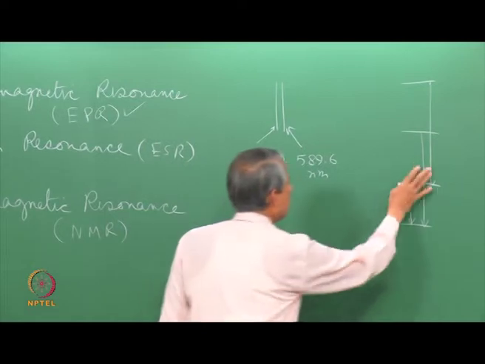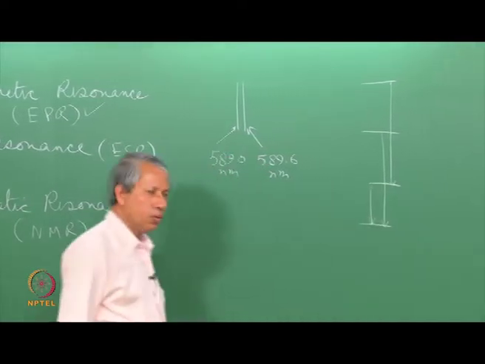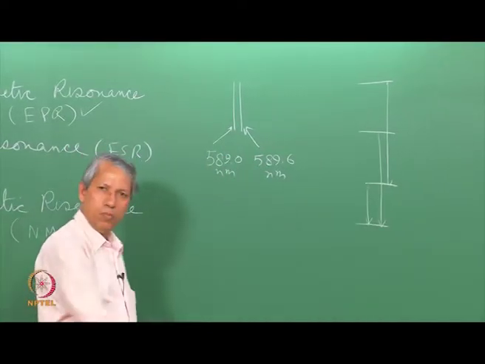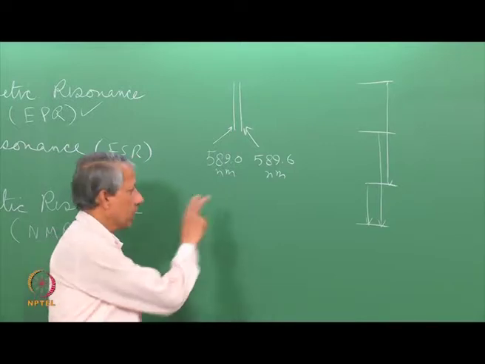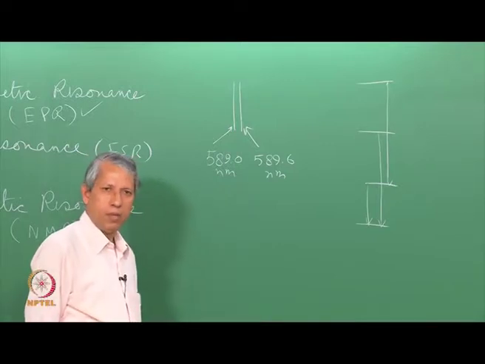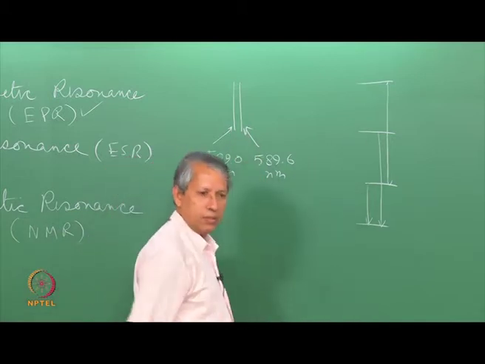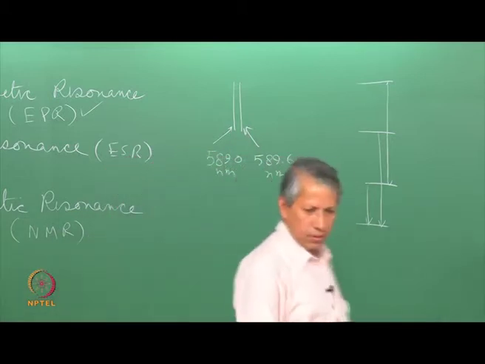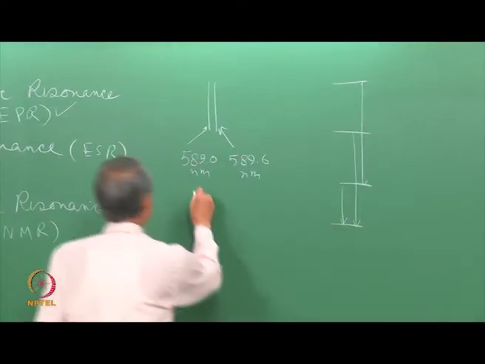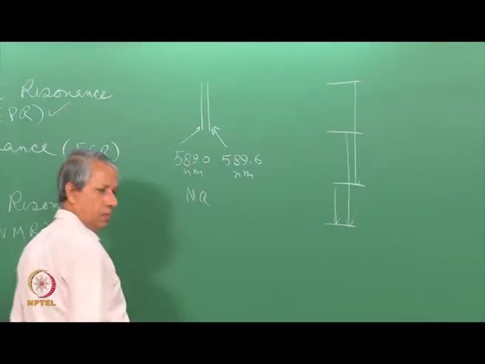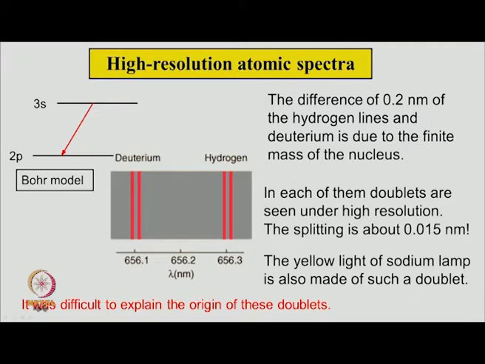So, this discrete nature of energy levels could very easily explain the discrete spectral lines seen in the spectra, but they are still not sufficient to explain these doublets the way they appear here. This is the sodium atom spectrum, and the ones shown here are for the hydrogen and deuterium atom spectrum. They are very difficult to explain.